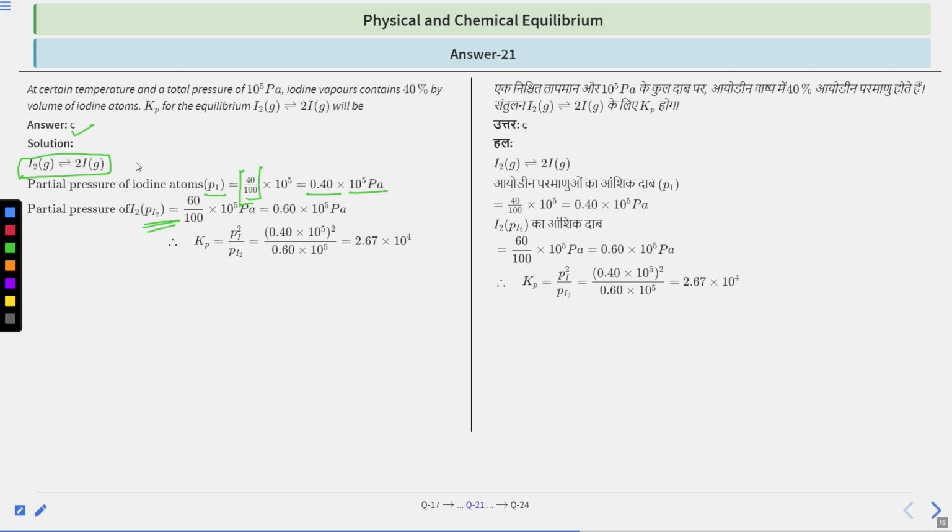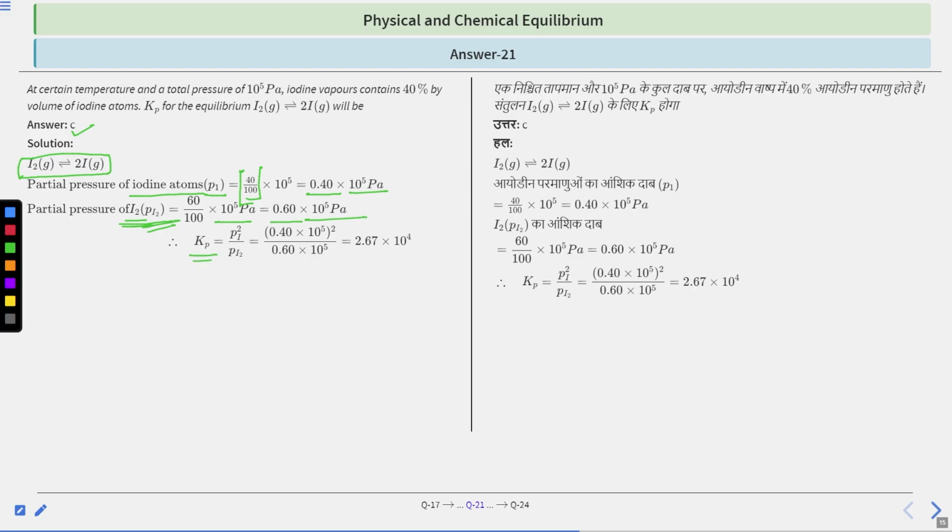Now, partial pressure of I2, P of I2. We have found the partial pressure of iodine atoms. The partial pressure of I2 molecule will be 60 divided by 100, because iodine vapors have 40% by volume of iodine atoms, so the remaining are molecules of iodine. 100 minus 40 is 60. 60 divided by 100 multiplied by 10 to the power 5, which is the total pressure, comes out as 0.6 into 10 to the power 5 Pascal.